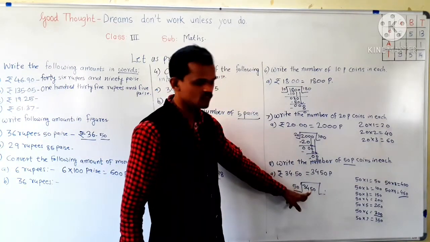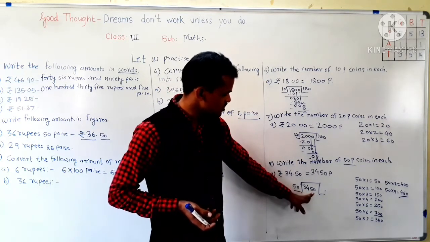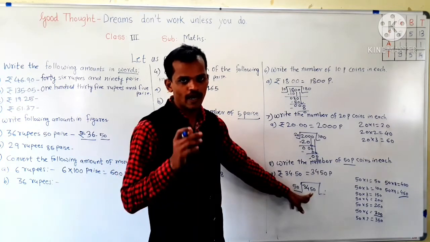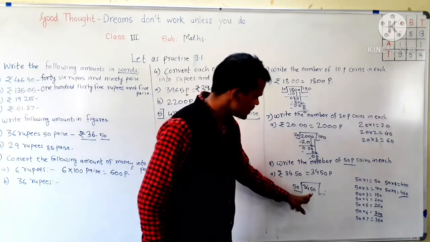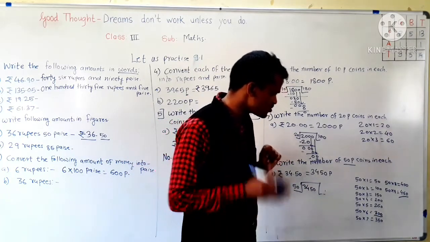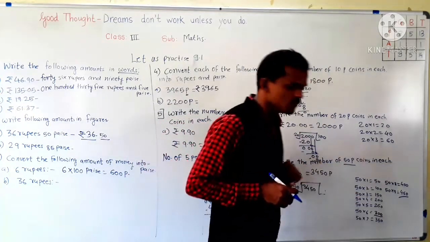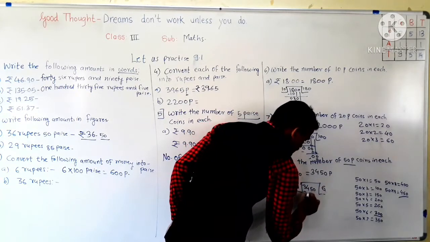3 does not come in the table of 50. Then take the next digit, 34 is formed. That is also smaller than 50. Then take the next digit, that is 5. Then 345 is formed, and now search whether this comes in the table of 50. So 345 does not come. So the smaller number than 345, that is 300, comes in the table of 50. So 6 fifties are 300.